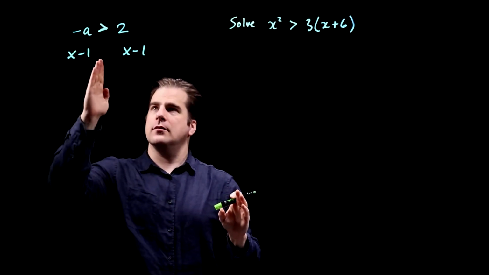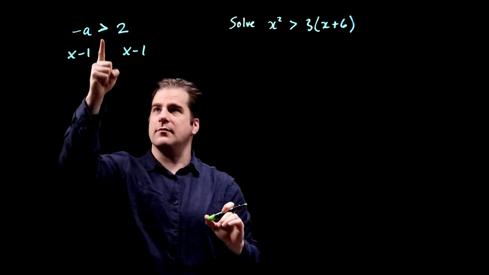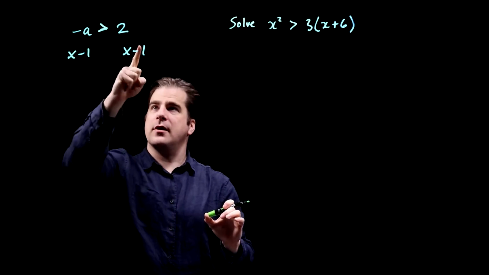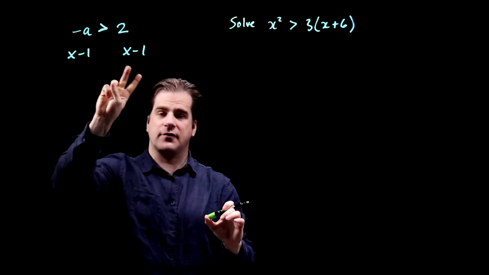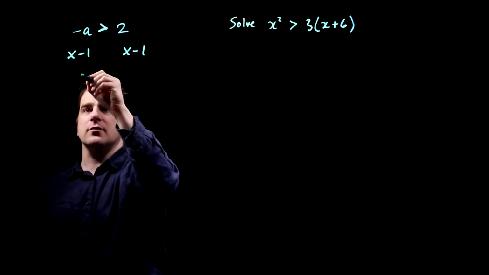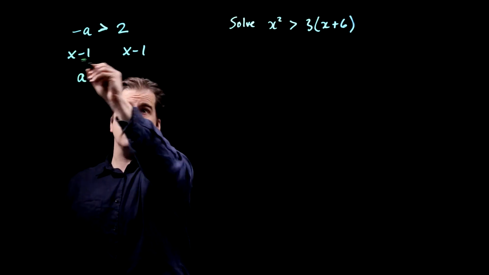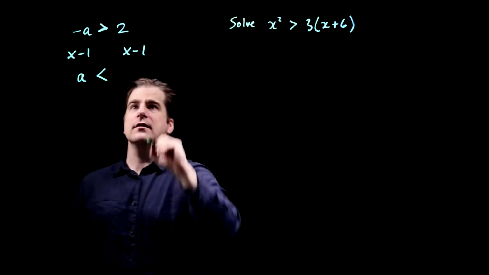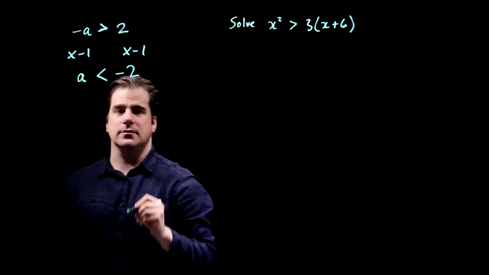But like I say, this is the only time that inequalities behave differently. When you multiply both sides by -1, you have to flip the inequality. So we multiply by -1 to get a, but because we're multiplying by -1, we have to flip that, so it goes that way round instead. 2 times -1 is -2.